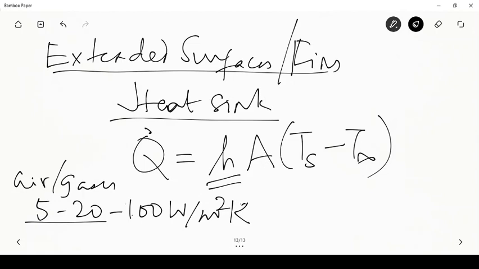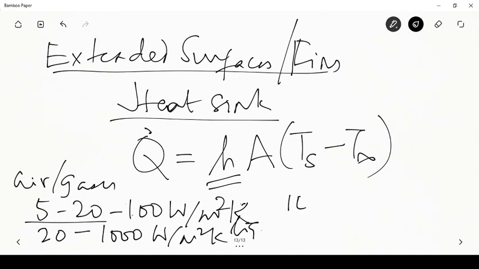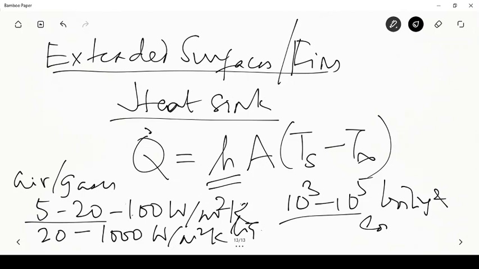So this can be something between, let us say, 20 to about 1000 watts per meter square Kelvin for liquids. And if it is boiling, it can go up to 10 to the power of 3 to 10 to the power of 5 for boiling and condensation. So this is the value of h that has these ranges.